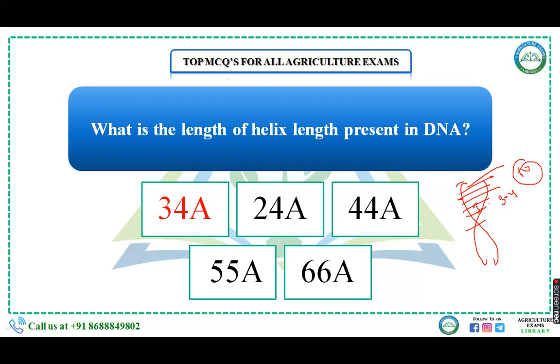Then for 10 steps, it will be 10 times 3.4, that is 34 angstrom, and that is known as helix length. In one step there is 3.4 angstrom, and overall in one turn there are 10 steps. Then 10 into 3.4 is 34 angstrom. The helix length will be 34 angstrom.